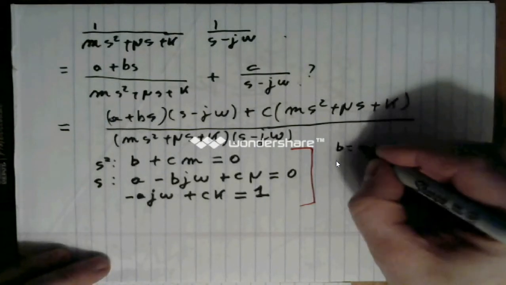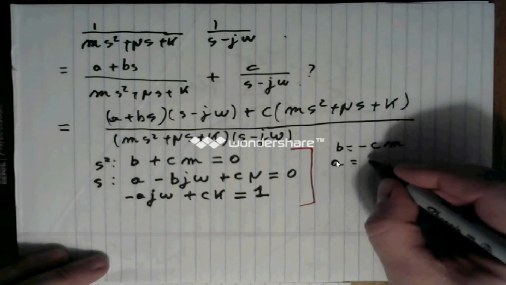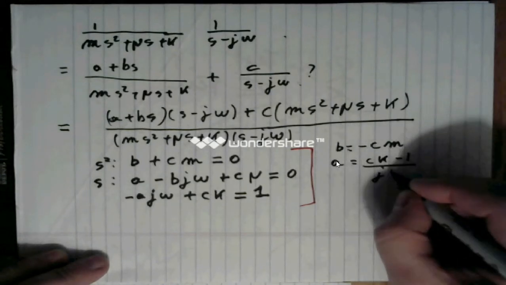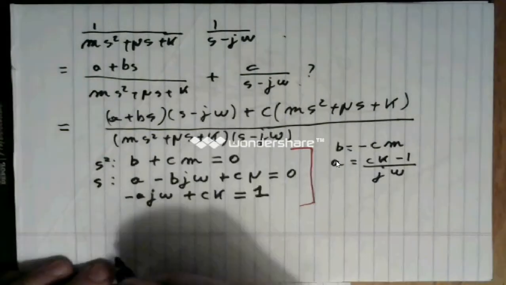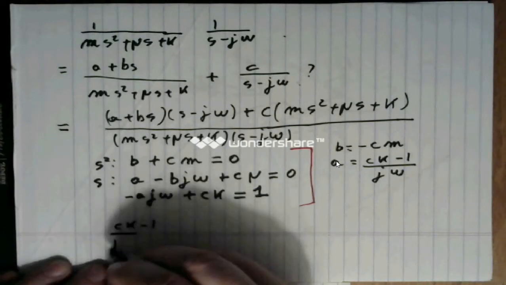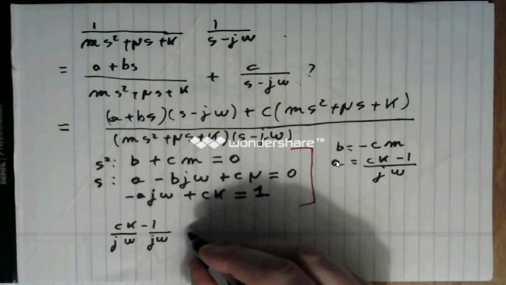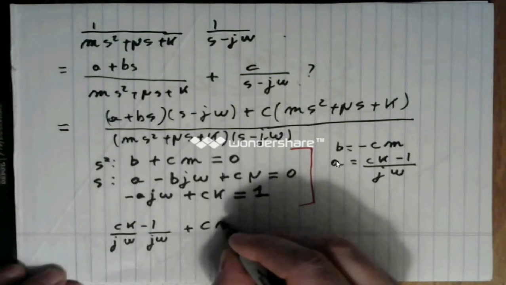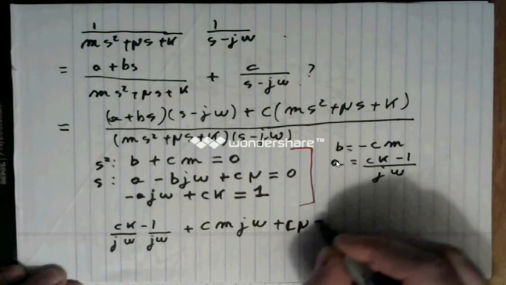We have b is equal to minus cm, a is equal to ck minus 1 divided by j omega, and therefore the middle equation gives us ck minus 1 divided by j omega plus cm j omega plus c mu is equal to 0.